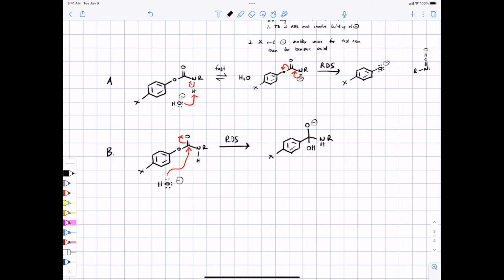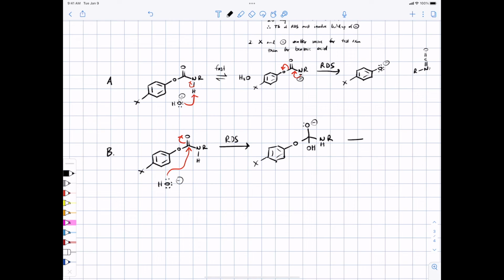And then, oh, I've drawn the wrong thing, haven't I? My apologies. Oxygen, then our phenolate group.